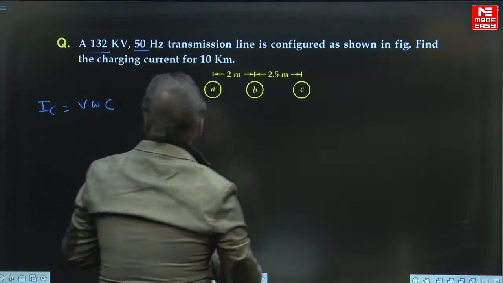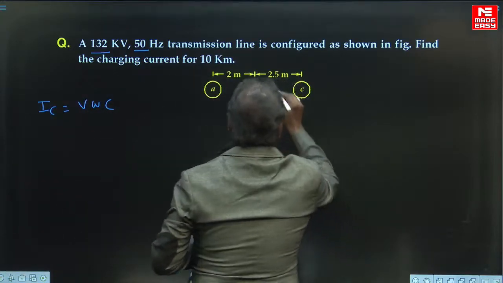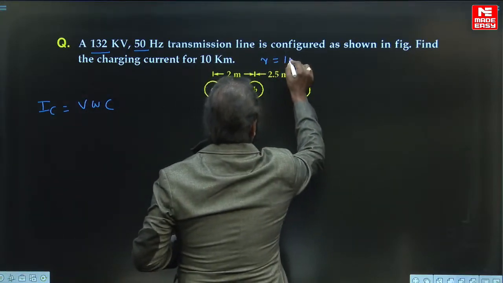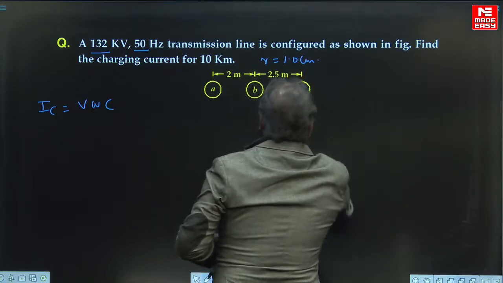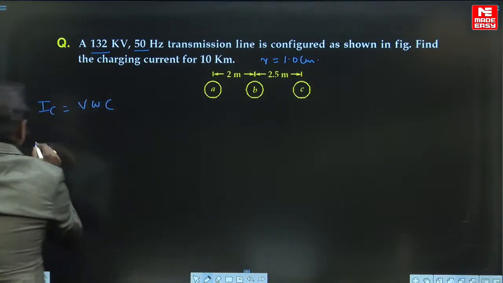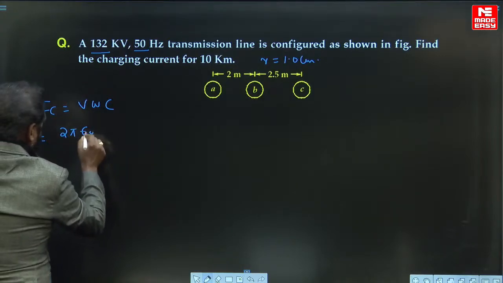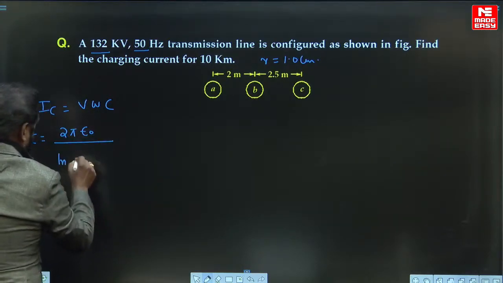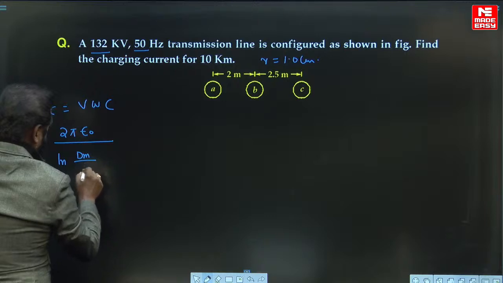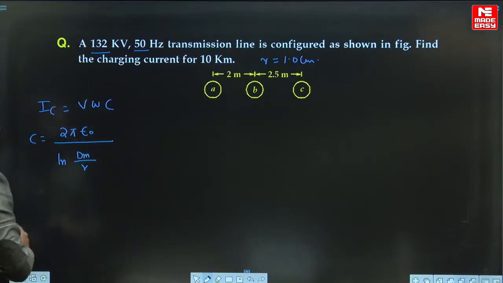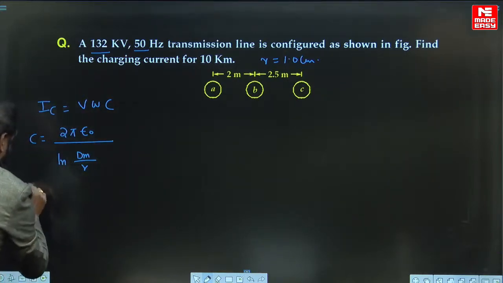Here the radius is not mentioned. Okay, take the radius of the conductor as 1 centimeter. Then C is equal to 2 pi epsilon naught divided by ln dm by r, because 3 conductors are there, so dm by r. Here what is the dm?